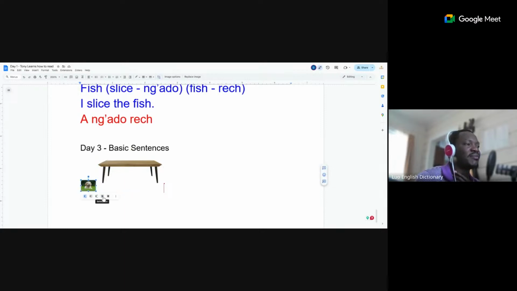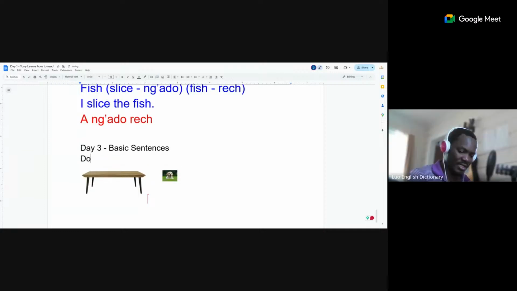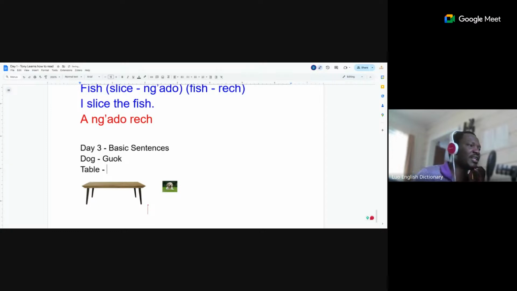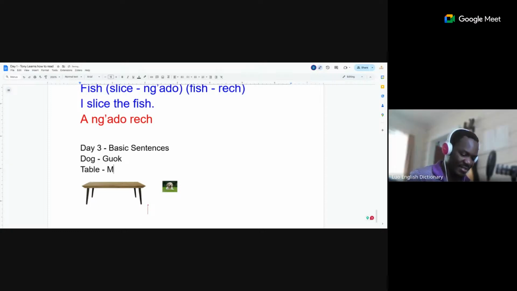First, we want to know their names. And the name of a dog is Guok. Yes, dog is Guok. And table, we talked about table yesterday. Do you remember what the name is? Mesa. Yes, that's correct. You remembered. What's wrong with you, Tony?